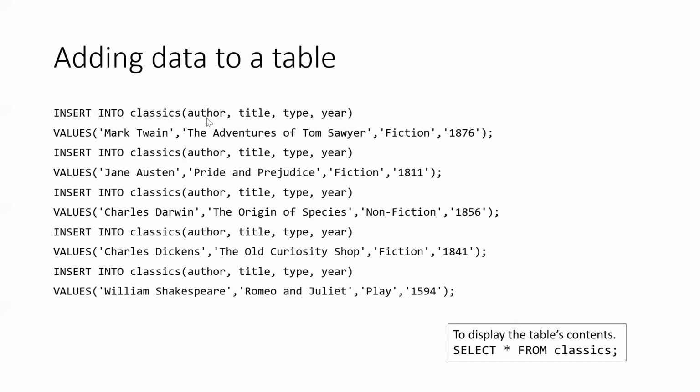Because of this, we are putting only author, title, type, and year, with INSERT INTO classics, then these fields. Then we specify the values in the same order: Mark Twain is the author, The Adventures of Tom Sawyer is the title, type fiction, and year is 1876.